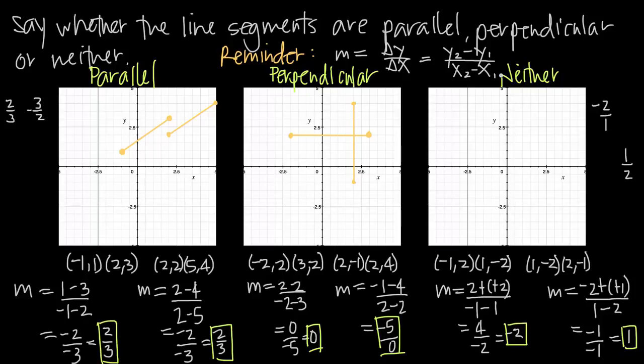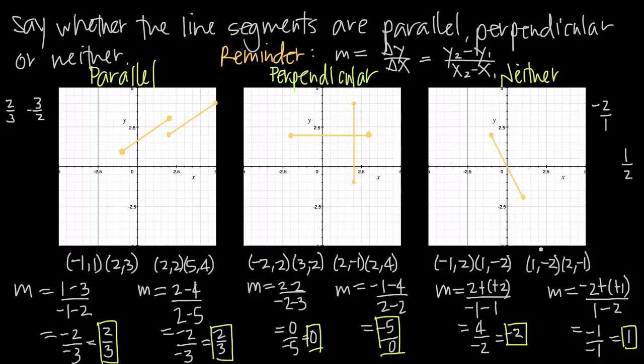And let's just graph them to confirm that that's the case. So I have this endpoint -1, +2, so I come here to -1, +2, and I graph that endpoint. I have the endpoint 1, -2, so I come out here to 1, and I come down to -2, and I graph this endpoint right here, and I want to connect them with a line segment, which looks something like this.